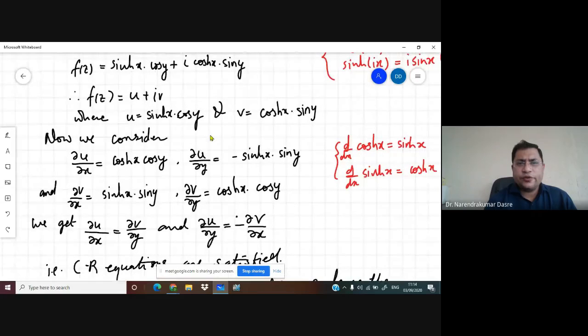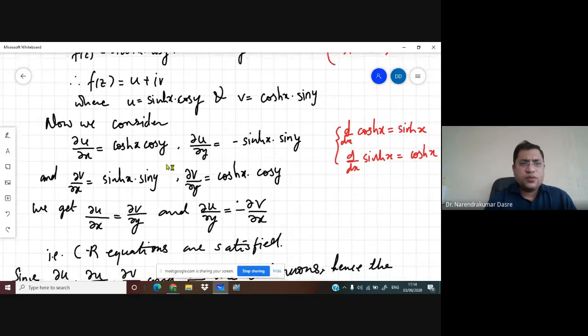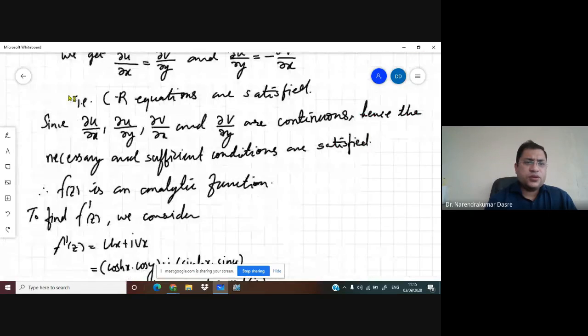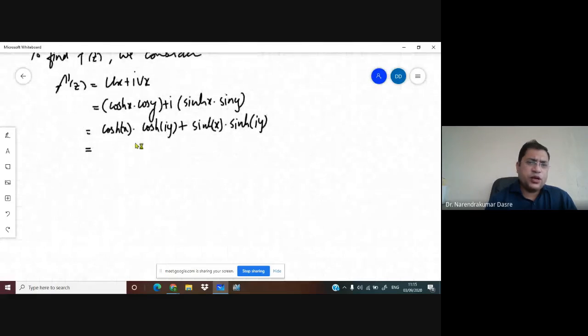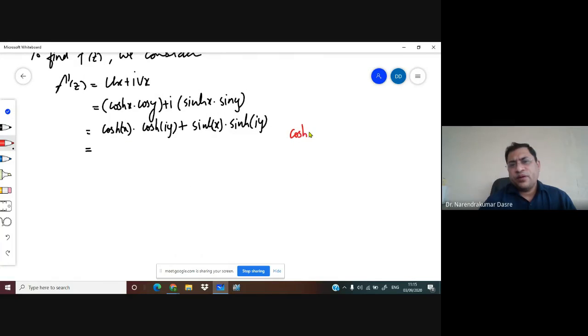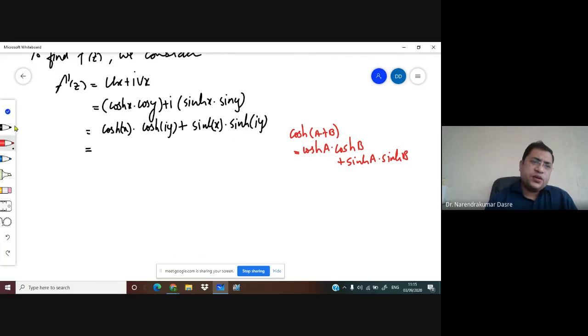See this, what you have. If you remember this formula, then you are able to get this as hyperbolic cos of A plus B is equal to hyperbolic cos A, hyperbolic cos B plus hyperbolic sin A and hyperbolic sin B. So this is the formula for hyperbolic cosine, and hence we can write this as hyperbolic cos of x plus iy.